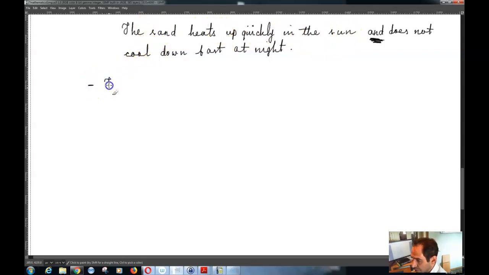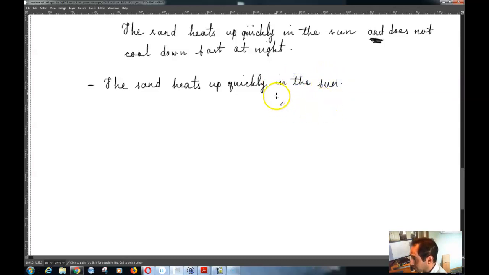So number one, the sand heats up quickly in the sun.